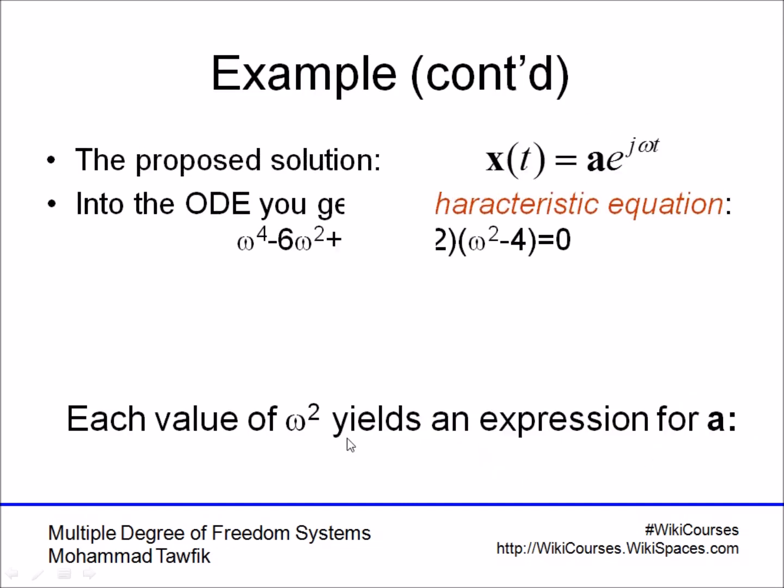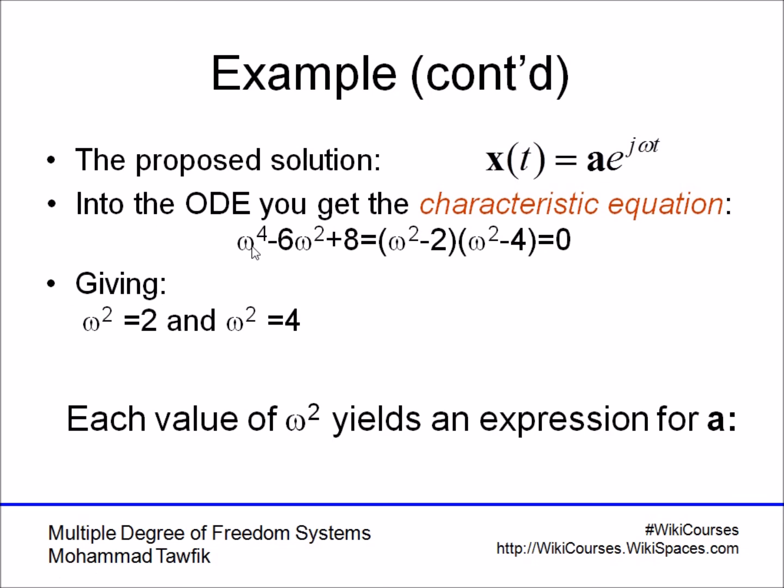To get the natural frequencies, we propose again the harmonic solution, use that, and get the determinant. You'll find two distinct values for the natural frequencies: omega squared equals 2 and omega squared equals 4, or omega 1 equals plus or minus root 2 and omega 2 equals plus or minus 2.